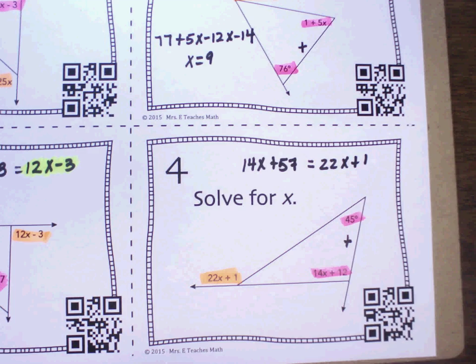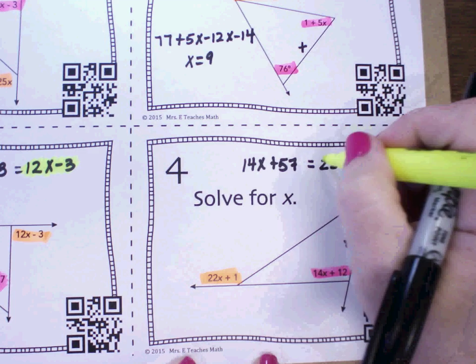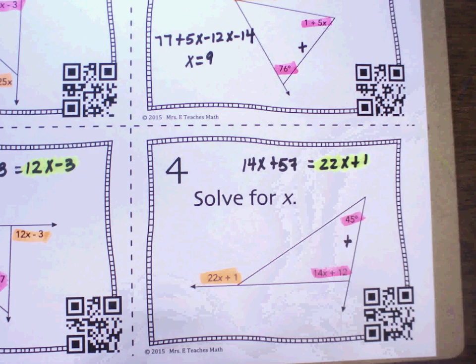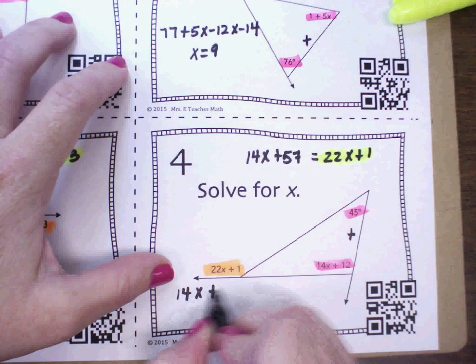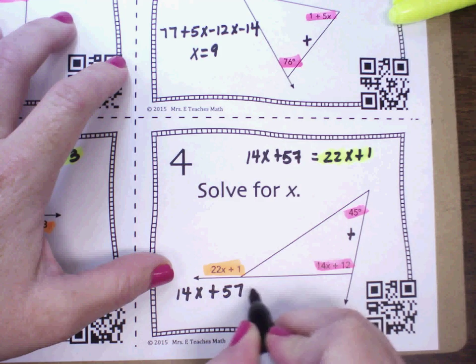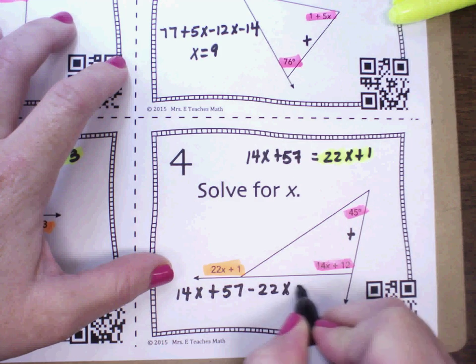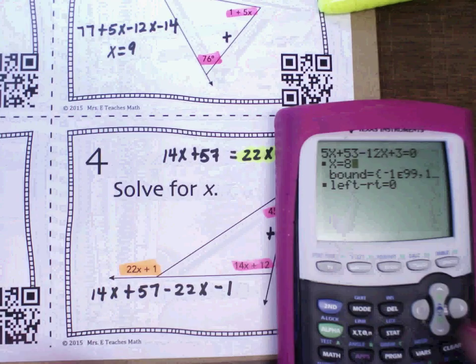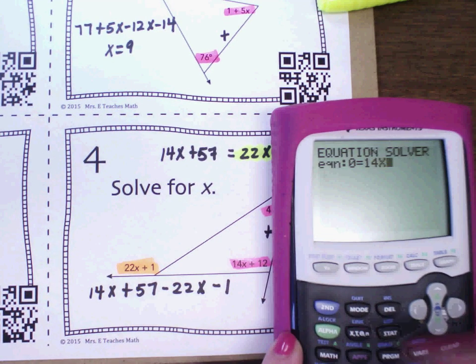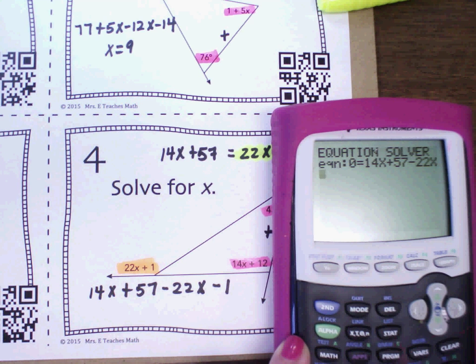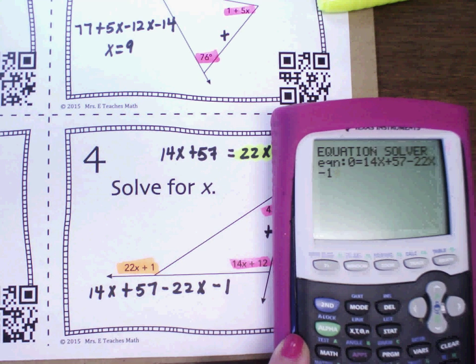Okay, talk to me. What's my next step? Highlight what I'm going to move. How should I write it on the calculator? 14x plus 57 minus 22x minus 1. And then calculator takes over. Very good. Let's go for it. 14x plus 57 minus 22x minus 1.